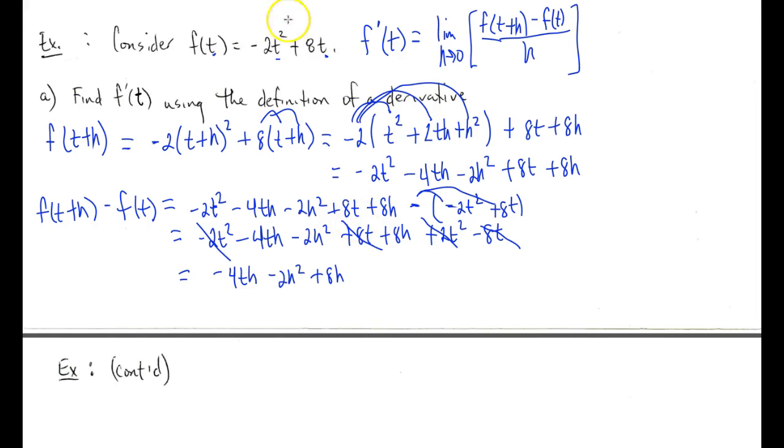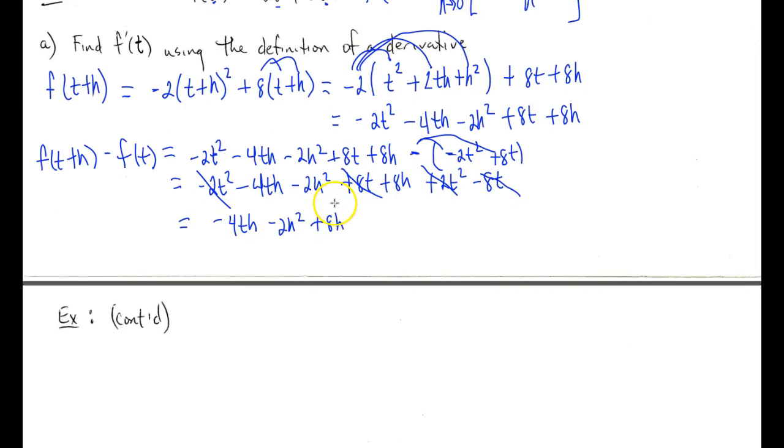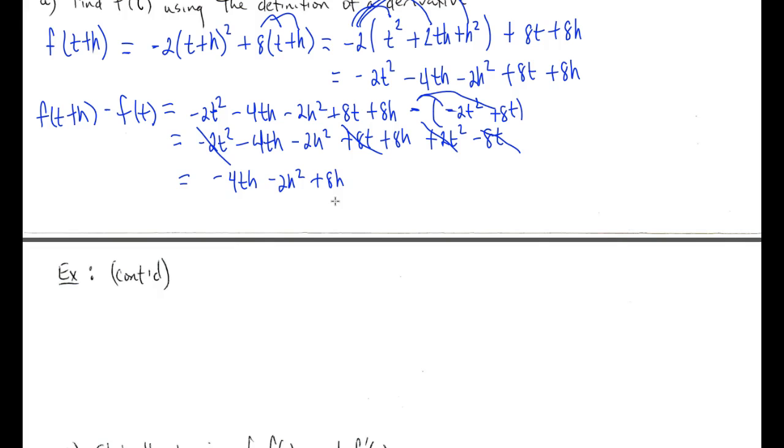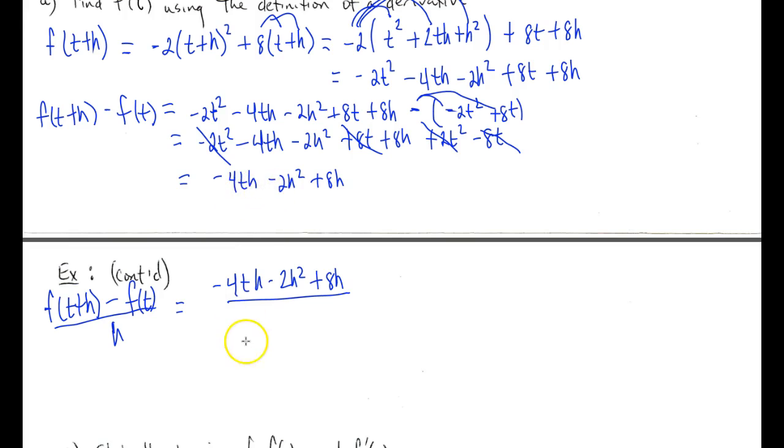So now that we have that, we can now do the last part, which would be we need to figure out what all this is going to be divided by h. Of course, we have what we have here in the previous step in the numerator, and just divide that by h.